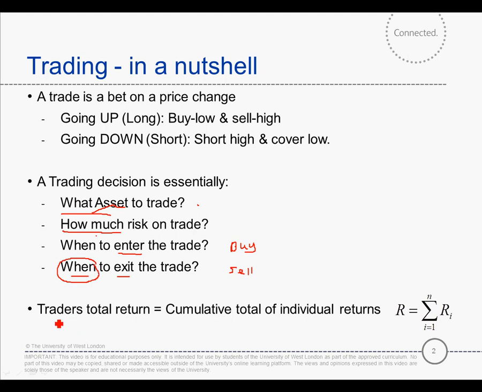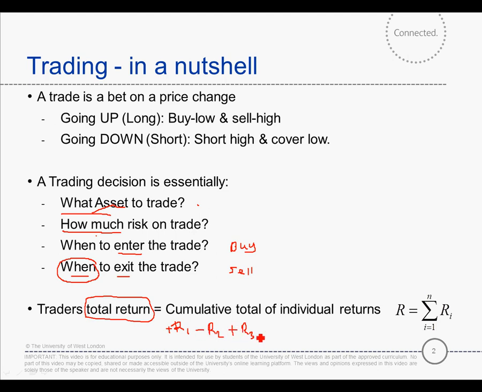Now, the total return that you will make as a trader is the cumulative total of multiple returns. So let's say you placed trade one and you made a return of R1. You made trade two, you made a return of R2. You made a third trade, you made a return of R3. Now R1 may have been positive, which means you made a positive return. R2 may be negative, in which case you made a negative return.